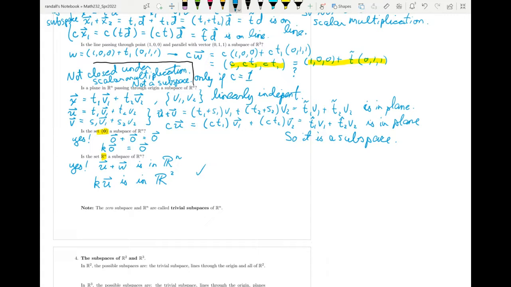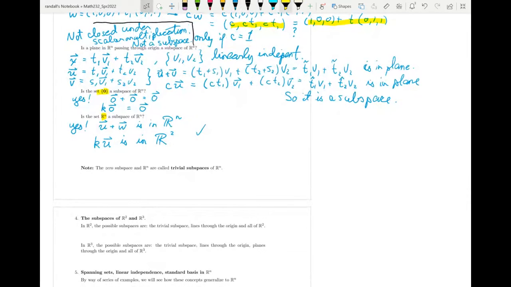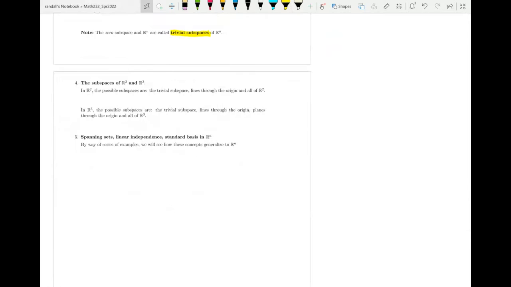So there are two subsets of vectors which are in some sense simple ones. They're either the single 0 vector, or all the vectors in Rn. These are two examples of subspaces. Because they're kind of simple, we call them trivial subspaces. We're usually interested in subspaces that are not trivial.